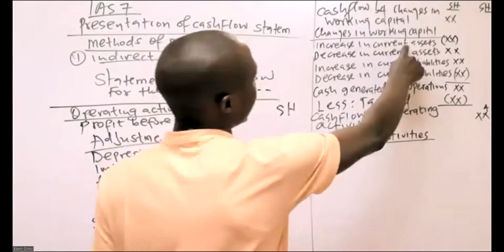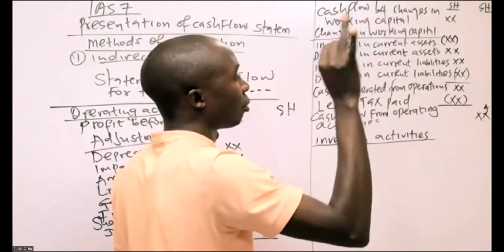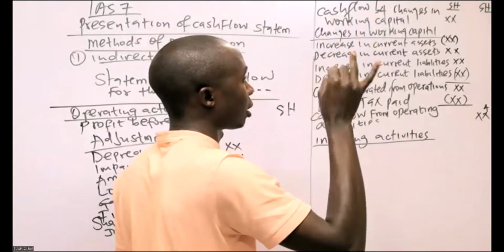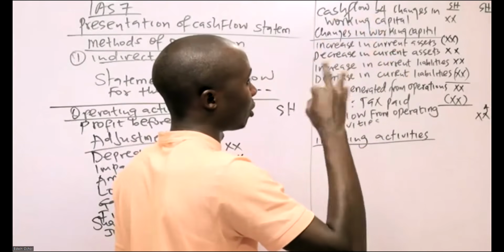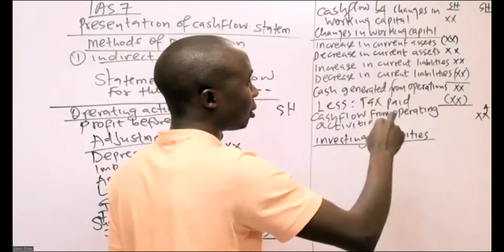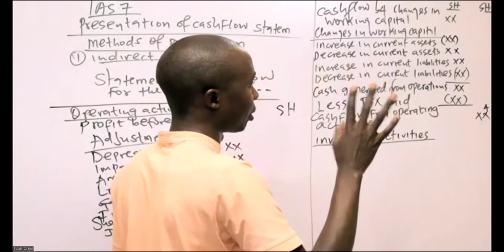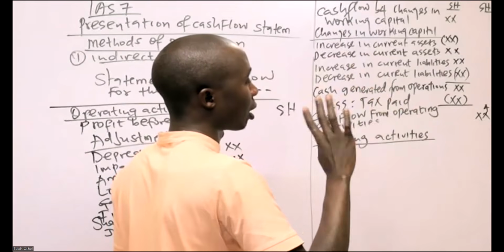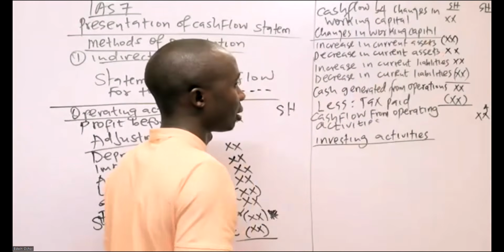Remember that for the current assets, it's all about inventory and receivables, and in some cases, prepayment. For the current liabilities, it's all about the payables, and in some cases, accruals, but not accruals for interest, because accruals for interest go to the financing activities.